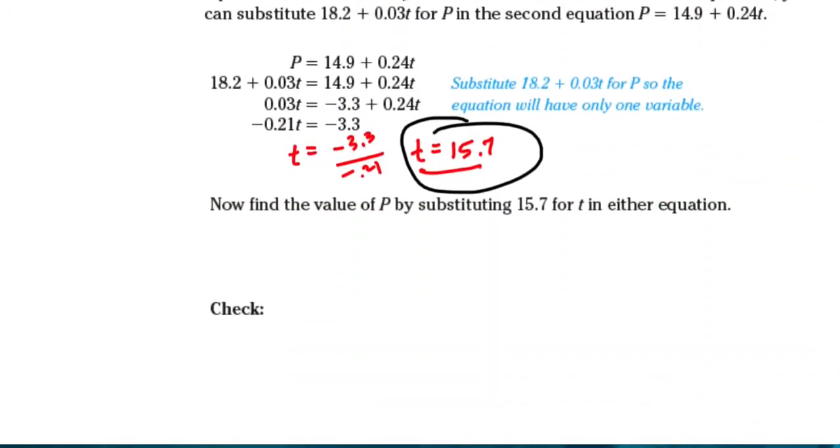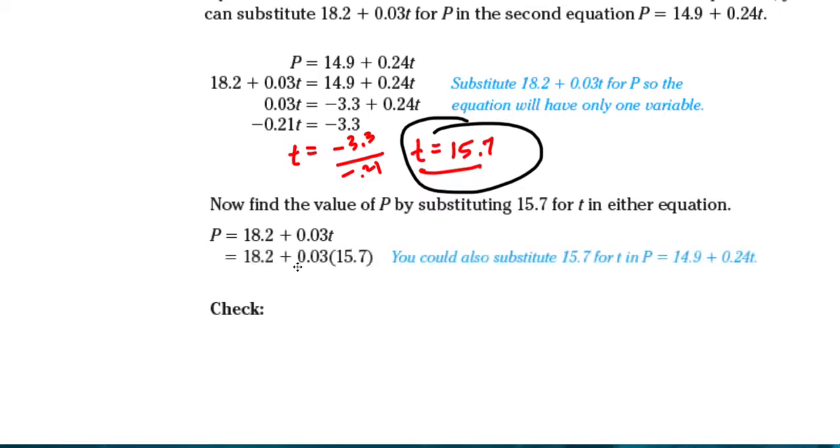We use P equals 18.2 plus 0.03T, substituting 15.7 for T. We end up with 18.2 plus 0.03 times 15.7, and that would be 18.67. So P will be equal to 18.67.